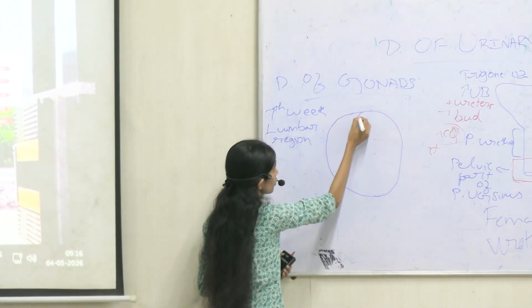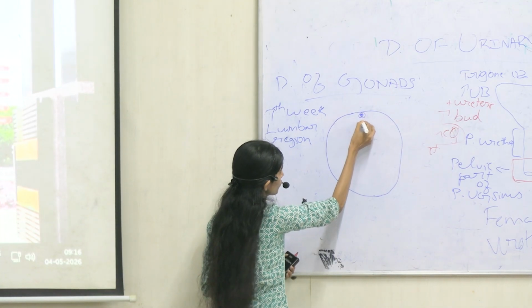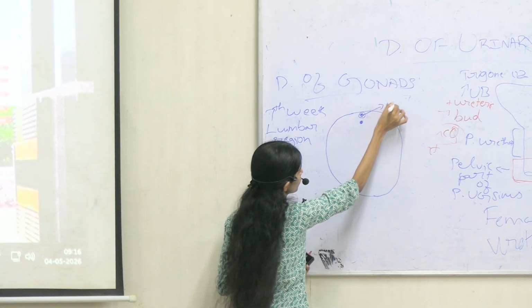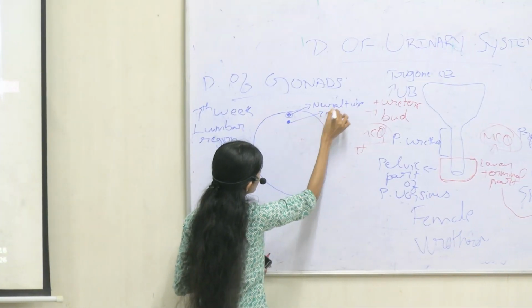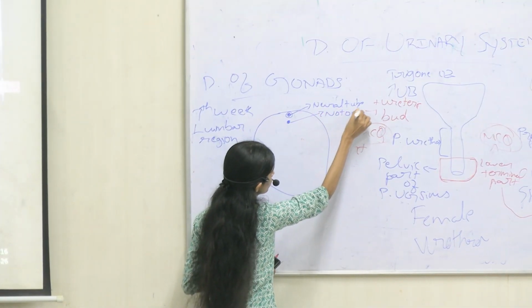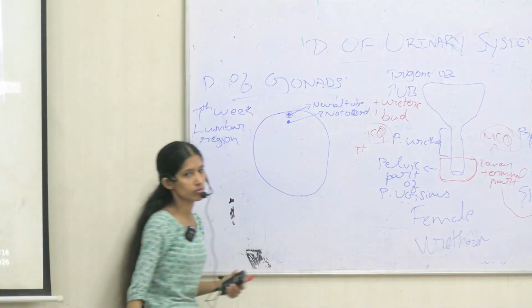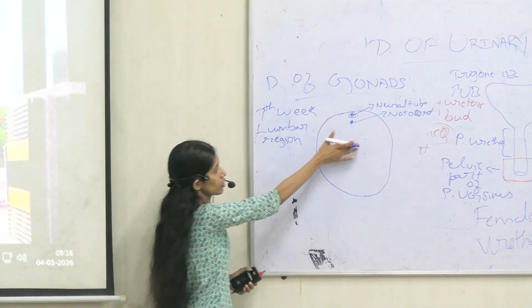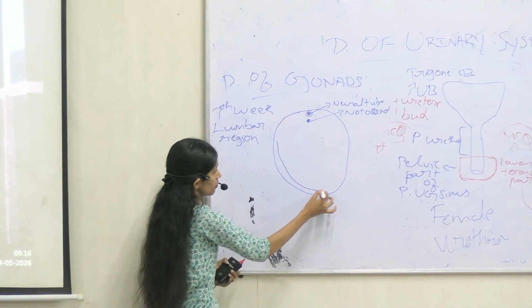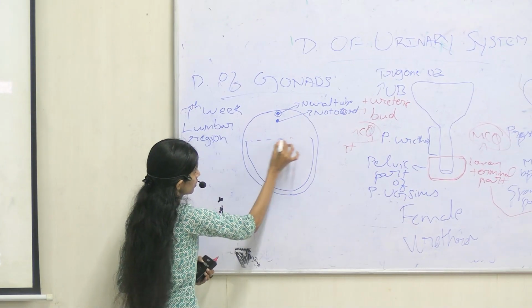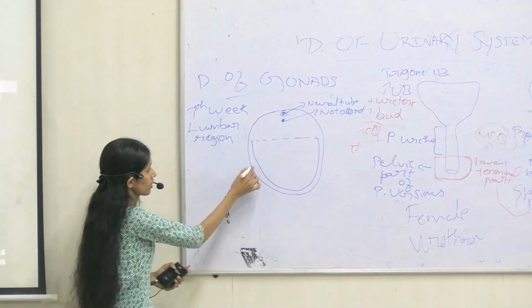Here we have neural tube followed by notochord, and in this region we have coelomic cavity.